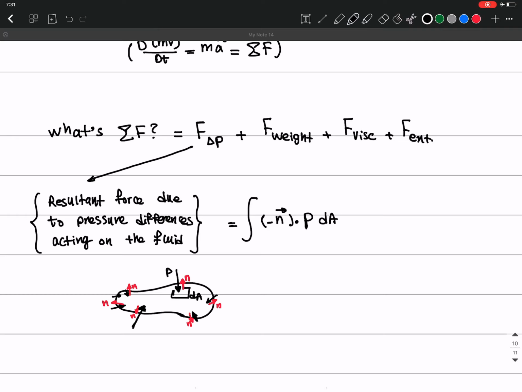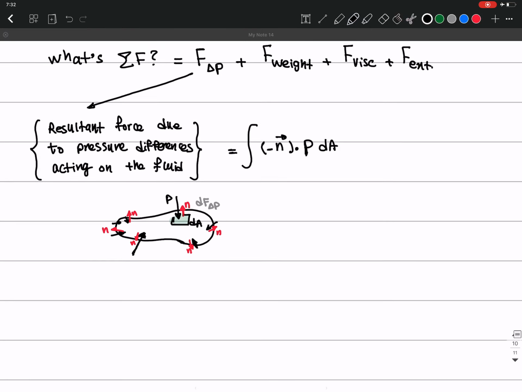This is going to give me just a sigma F here. So for this one, we are going to get a dF, and then you want to get the sum of all these dF to get the total resultant force due to pressure changes.